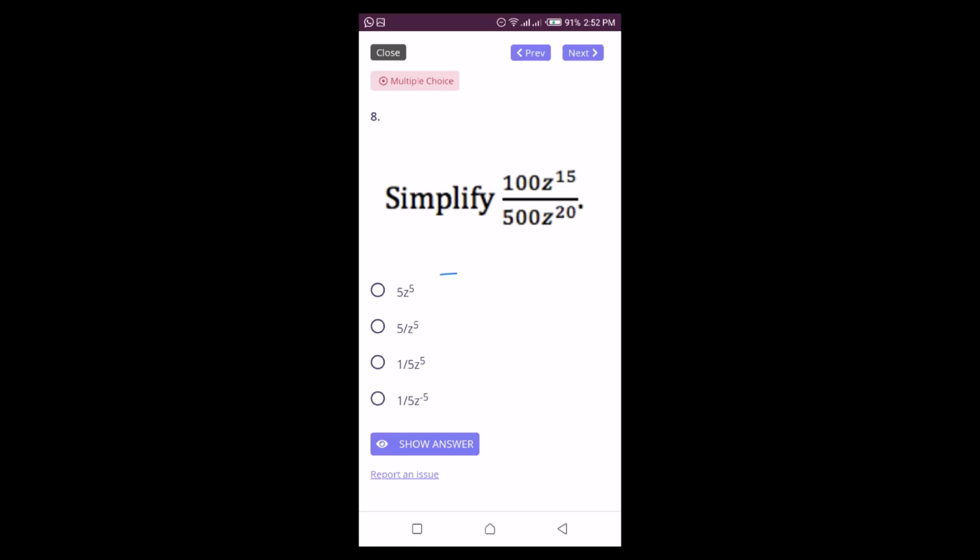So I told you that first of all we have to see the fraction. 100 ones are 100, 100 fives are 500. So the fraction is 1 over 5. And now see, z raised to the power 20 is bigger than z raised to the power 15. So I am just subtracting z raised to the power 15 from z20.